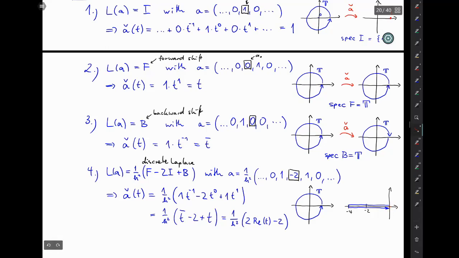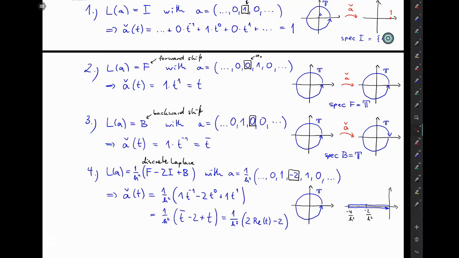And of course we should not forget to divide by h squared. So you see that in fact the spectrum is real. We predicted that because the operator is self-adjoint. So this pattern here is symmetric to the black box. And the spectrum is entirely on the negative half axis, including point 0.